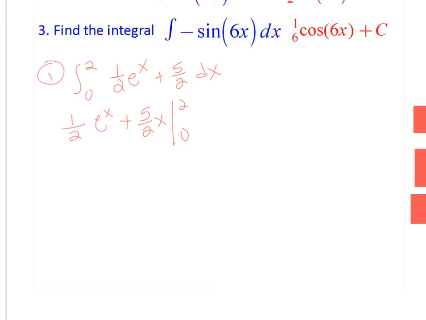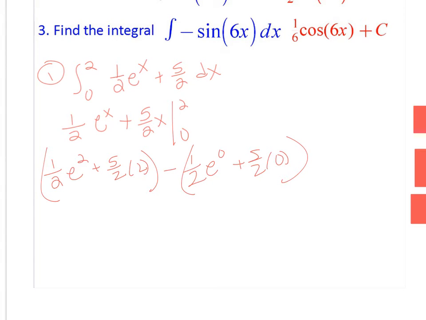So now we're going to plug in the top number. Minus the bottom number. And simplifying, these 2's can cancel, so we're left with 1/2 e squared plus 5 minus that 0.